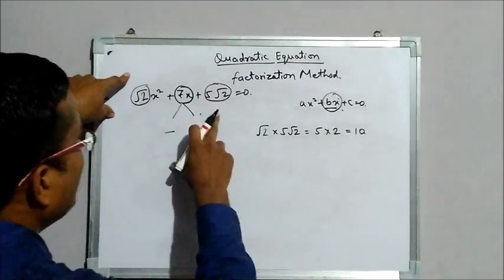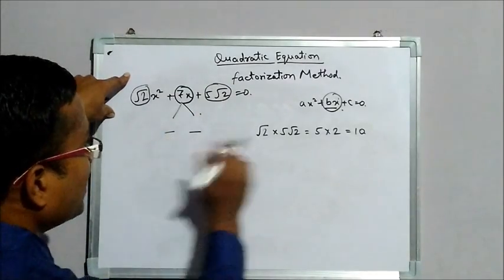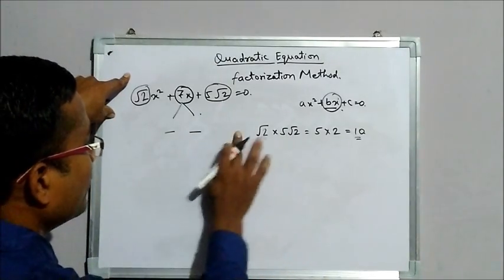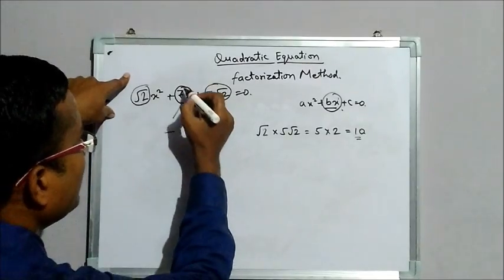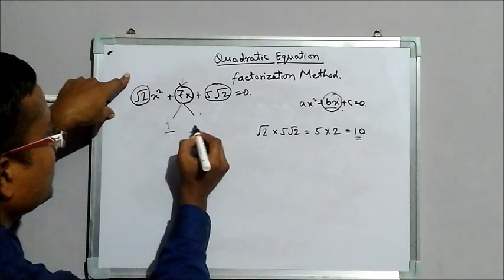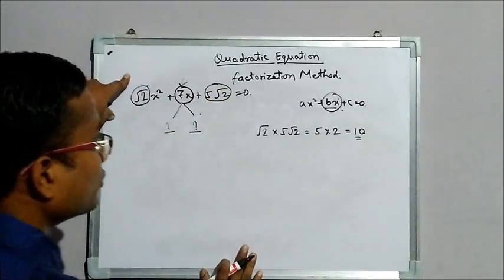We have to find the two terms whose product is 10 and whose sum is 7.